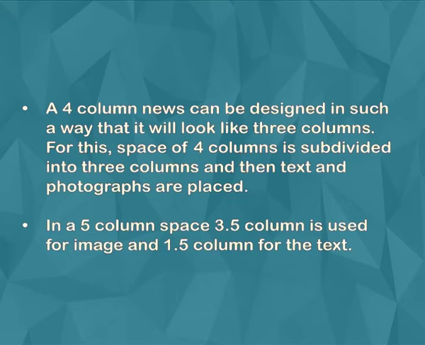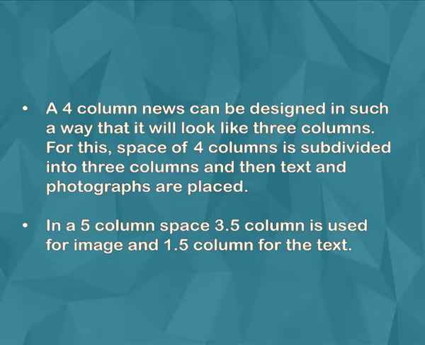In a newspaper having 8 columns, total width will not change, but the number of columns may vary. For example, a 4-column news can be designed in such a way that it will look like 3 columns. For this, space of 4 columns is subdivided into 3 columns and then text and photographs are placed.